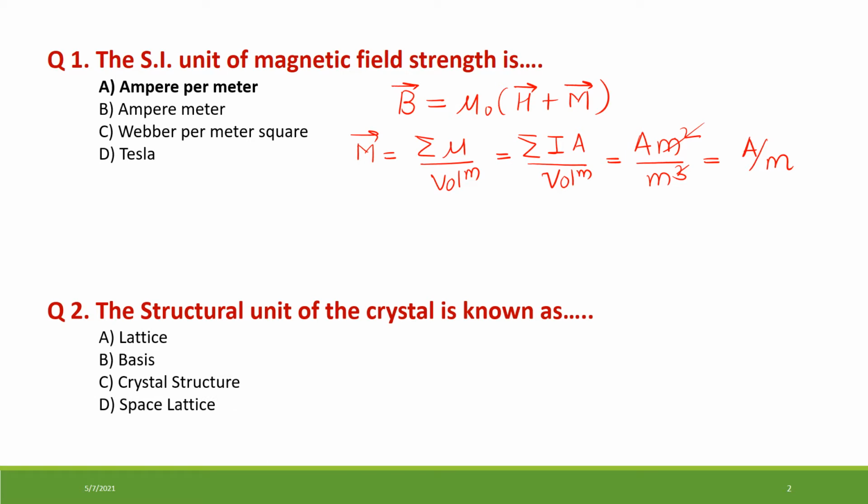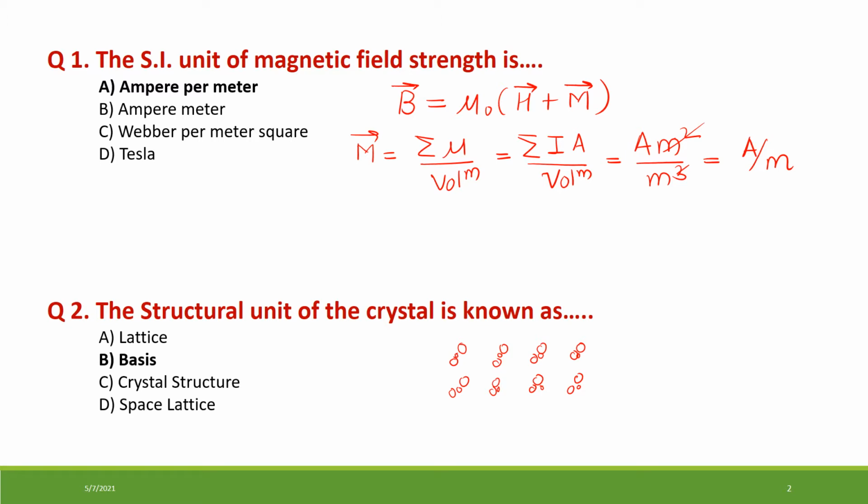We know the crystal structure is made up of imaginary points called lattice, and to each lattice point there is an attachment of an atom or a group of atoms called a basis. Suppose a group of atoms is attached to this lattice. So these bases are actually the structural unit of the crystal. So the answer is basis.